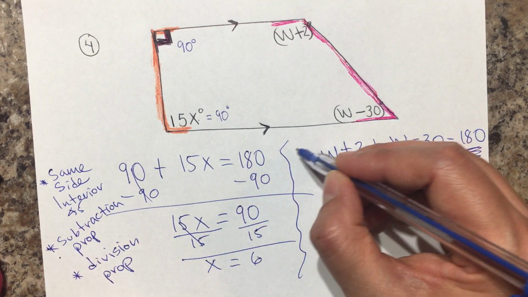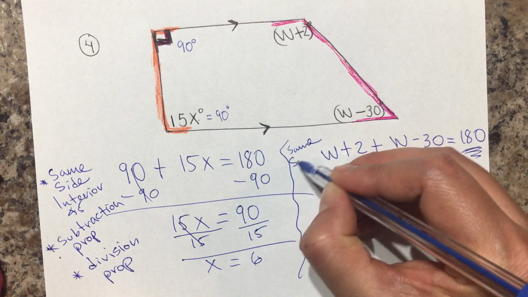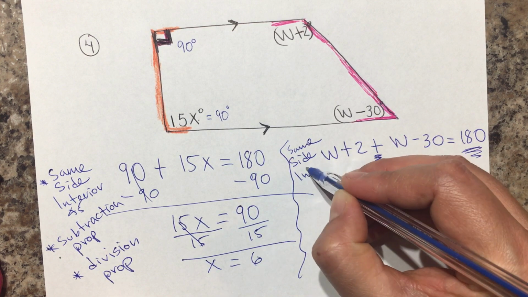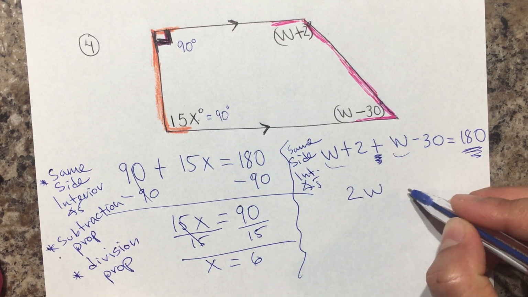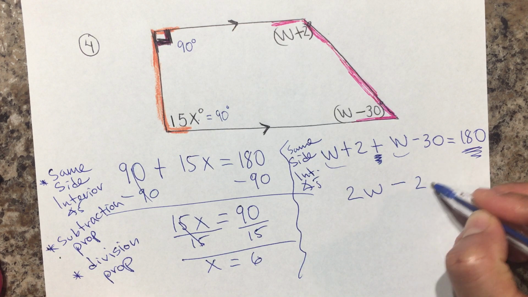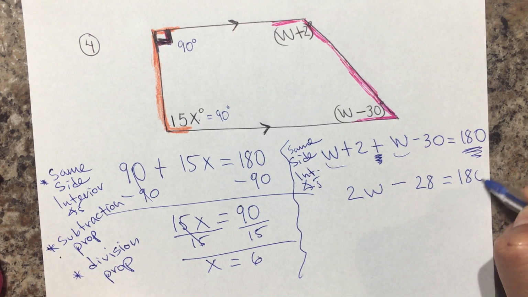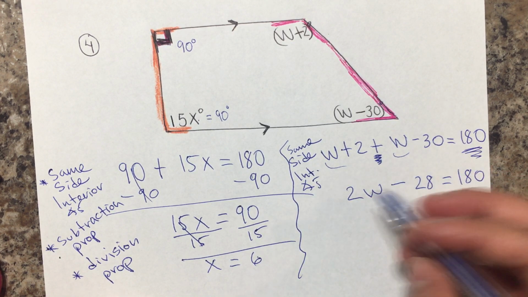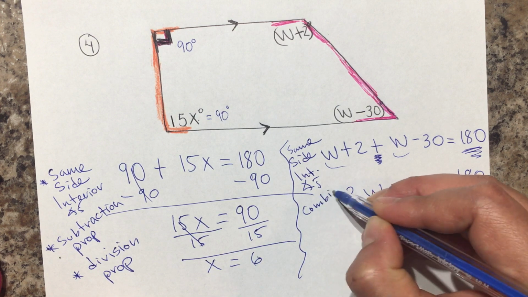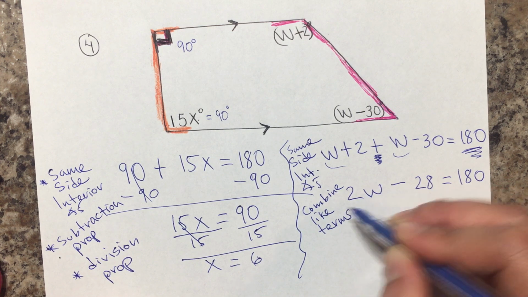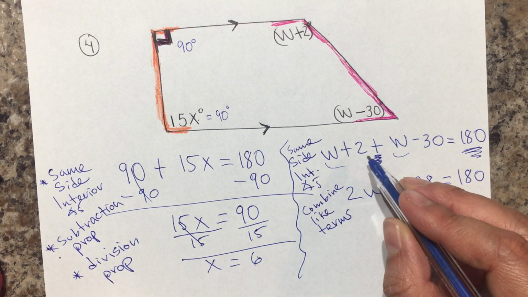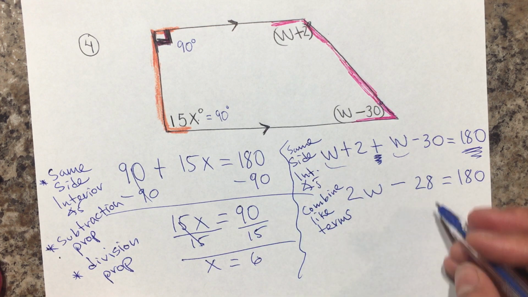And this is because they are same side interior angles. We combine like terms, we get 2W minus 28 equals 180. This is combine like terms. Sometimes they also say that the justification for this one is simplify.